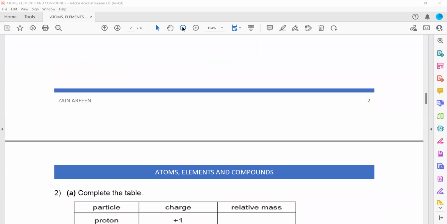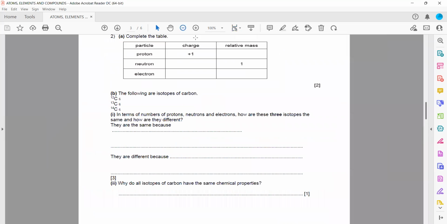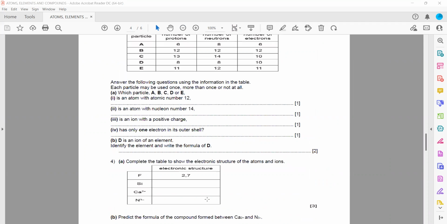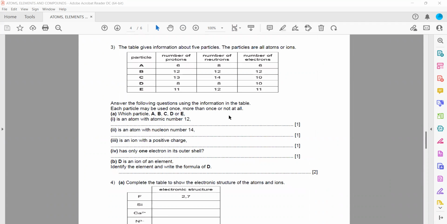Page number 3, any doubt on page 3? Okay, page 4. Page number 4, any doubt on page 4?